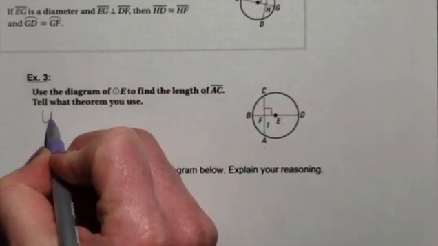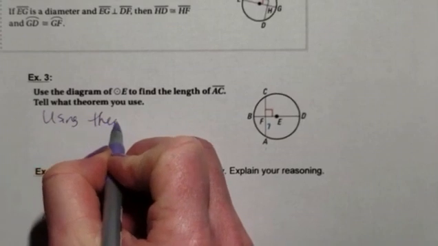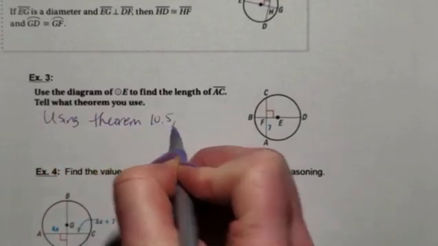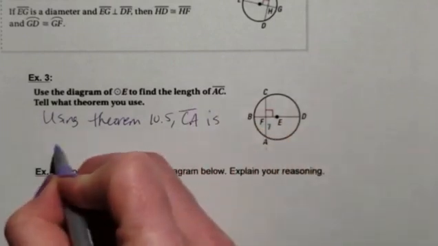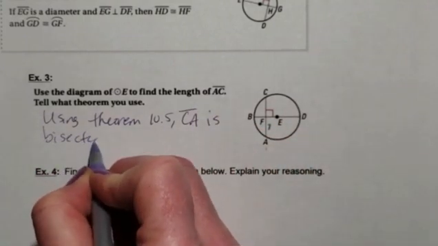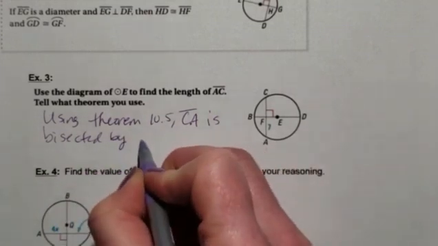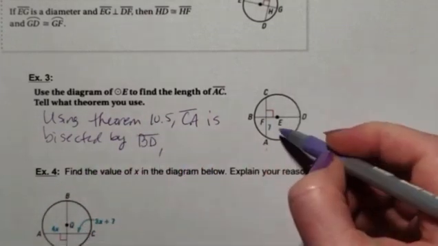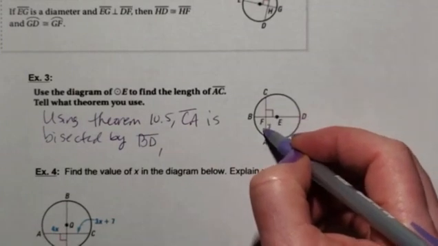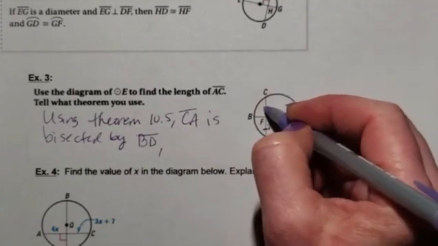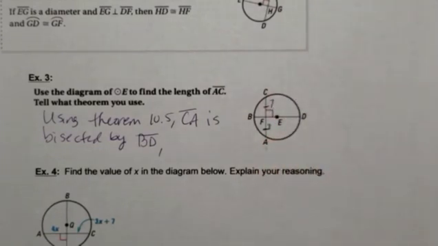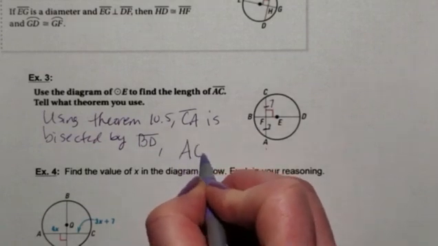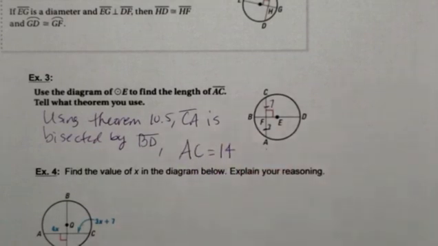So using theorem 10.5, CA is bisected by the diameter BD. So that means that F to A is the same length as F to C. So if F to A is 7, then F to C is also 7. So that means that AC will be 14 in length.